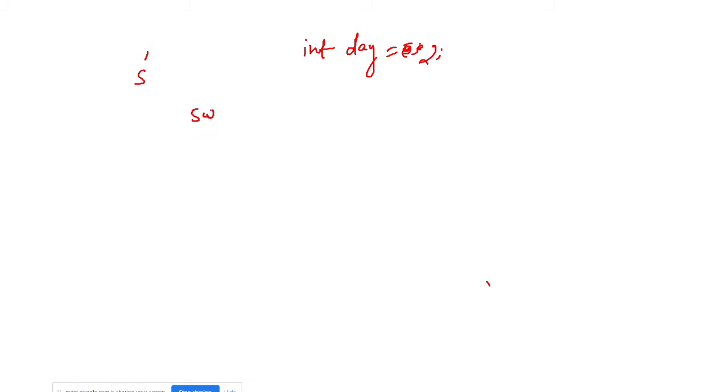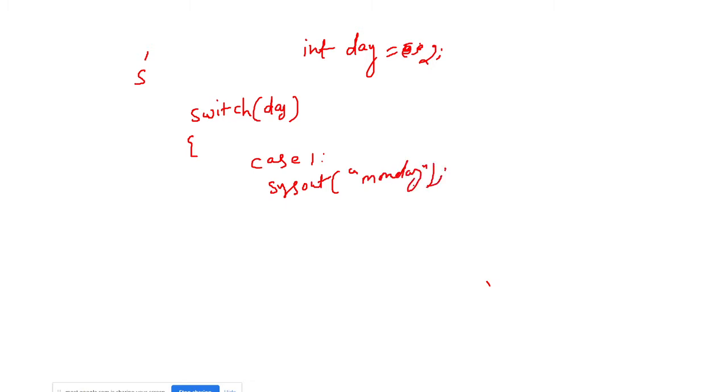And here I am writing switch case, switch day. After that I am writing case 1, and here in case 1 I am writing System.out.println, suppose Monday, and then I am writing break.